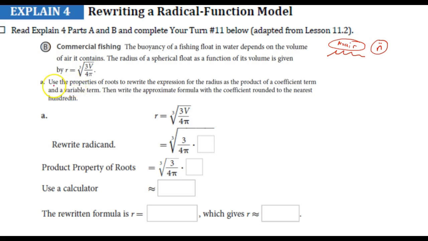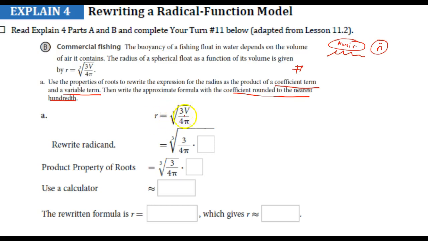The first part's asking us to use the properties of roots to rewrite the expression as a product of a coefficient term, so some kind of a number, and the variable term. Again, it's asking us to show our coefficient to the nearest hundredths place. So here's our equation as it's written in your packet.